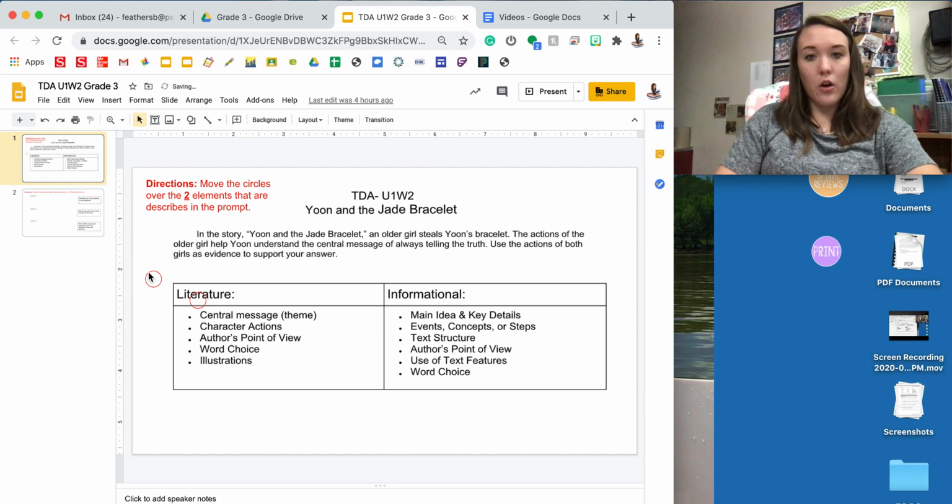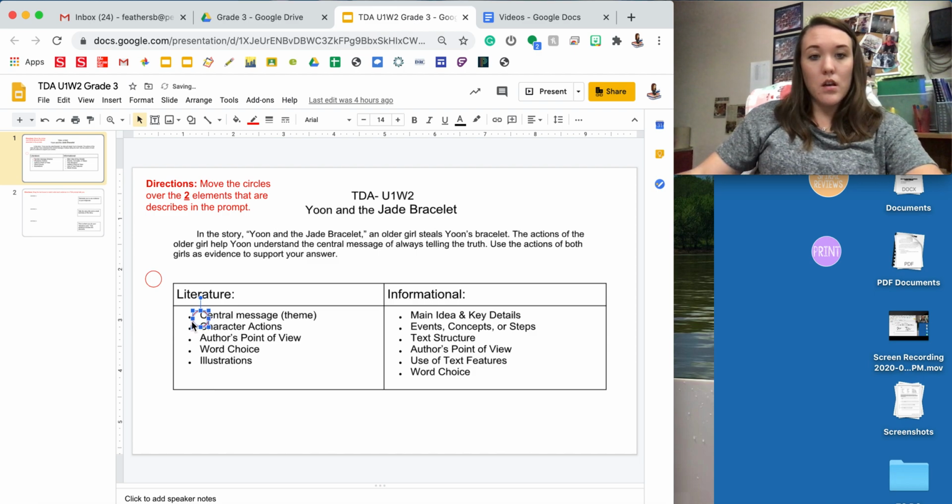While I have that loading, let's look at the rest of the sentence. Another word I see sticking out to me is central message, which is another one of my elements. So for this TDA prompt, I am looking at the character actions and how they support the central message.